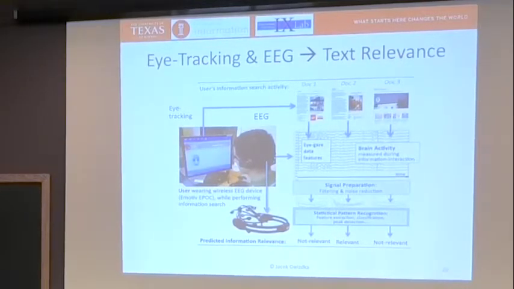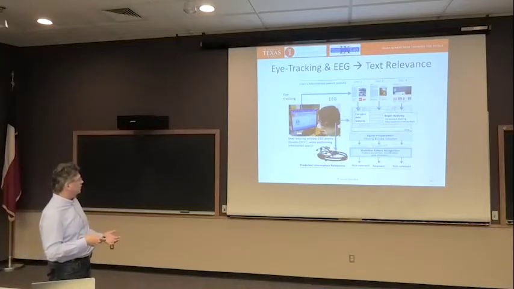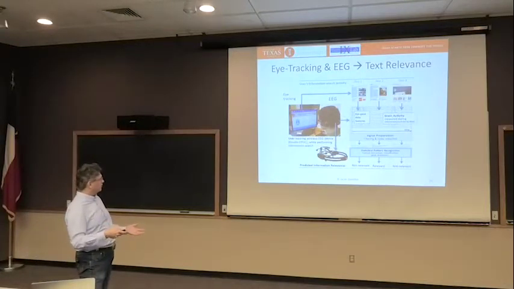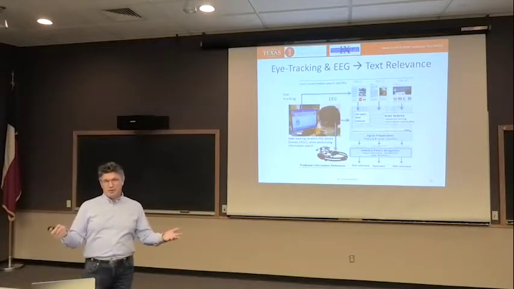In my study so far, I have done it offline, so I've done all the data processing after the task is completed. But the goal is to do it at some point in real time and to feed this information possibly back into the system to help retrieve more relevant documents or perhaps suggest more diversity to a person in terms of search results.